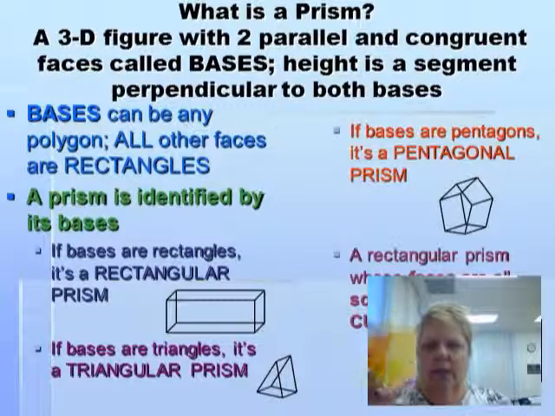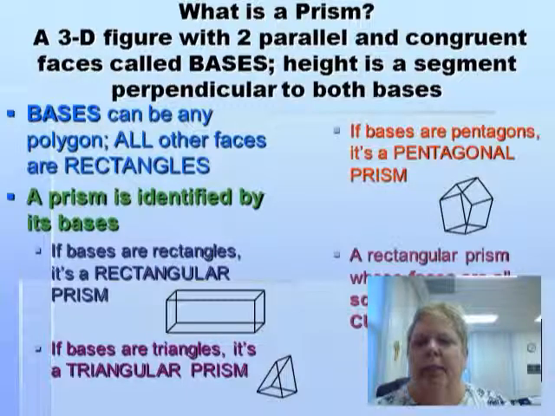Okay? So the first thing that we're going to talk about, the first three-dimensional shape, is a prism. A prism is a three-dimensional shape that has two parallel and congruent faces called bases.